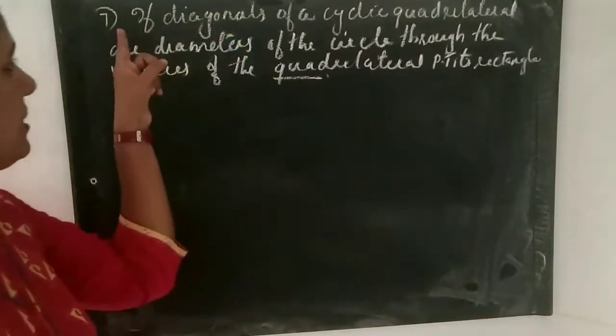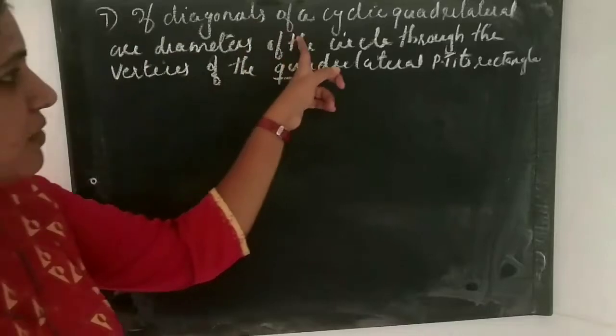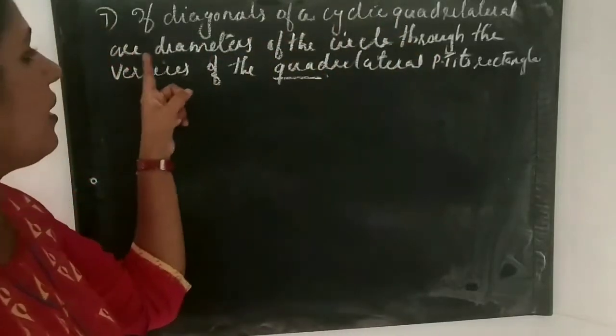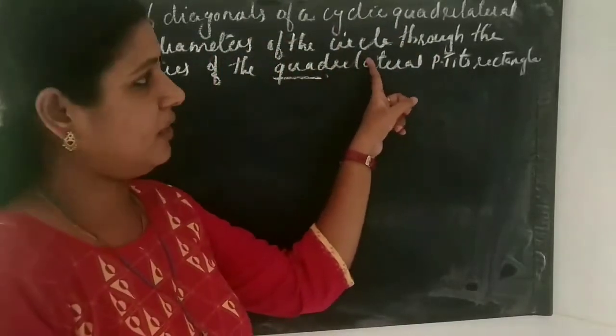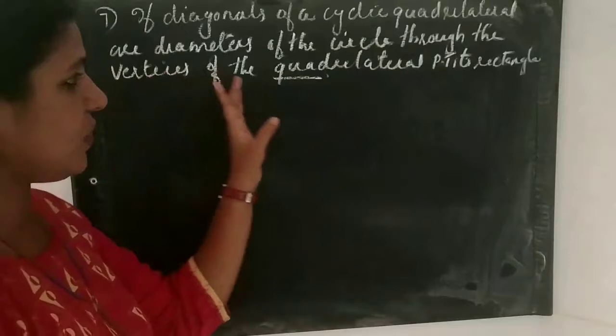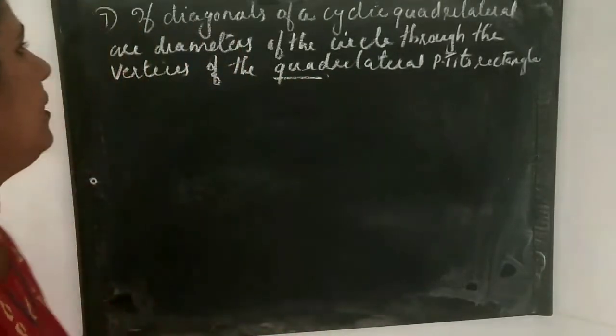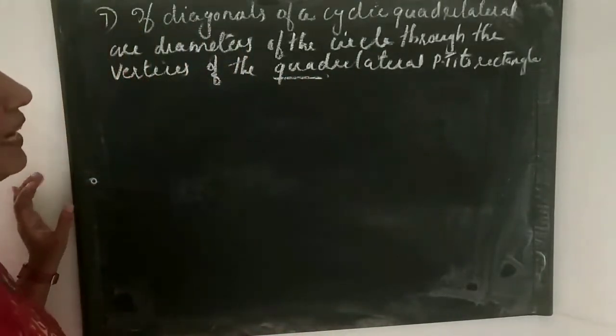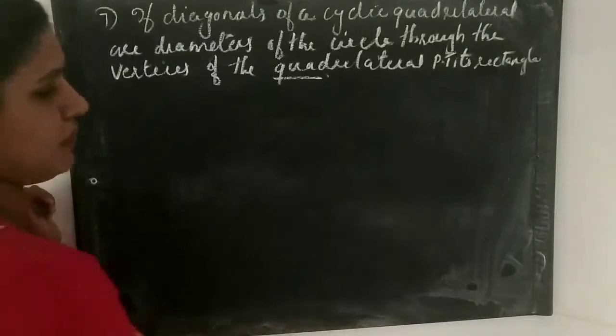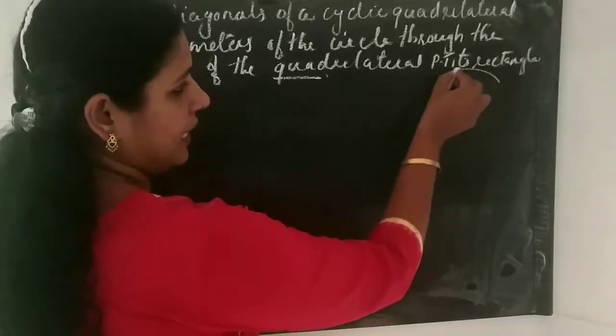Now, question number 7. If diagonals of a cyclic quadrilateral are diameters of the circle through the vertices of the quadrilateral, prove that it's a rectangle. So first we drew a cyclic quadrilateral.